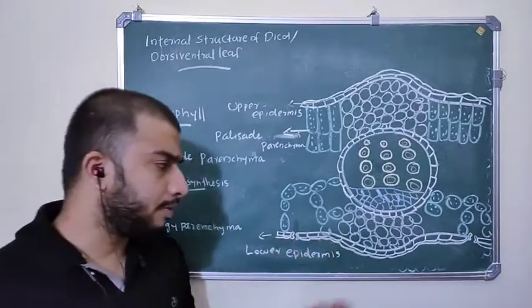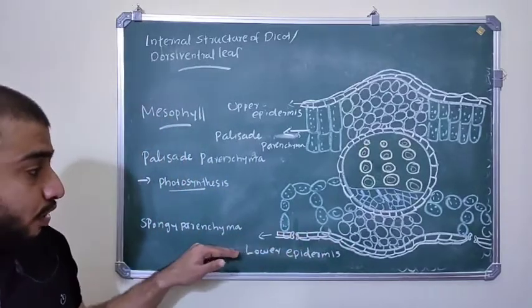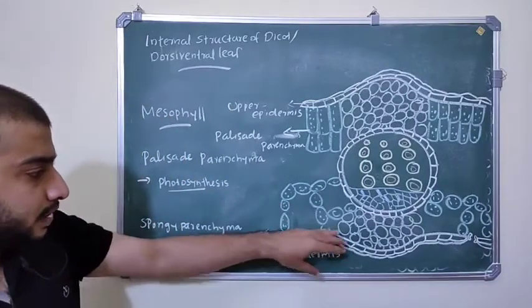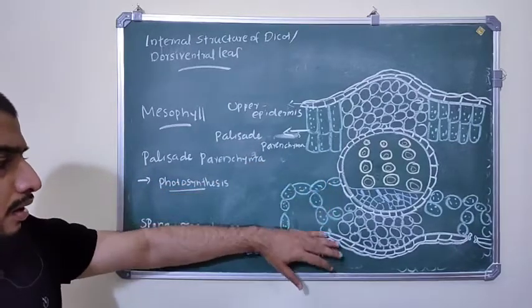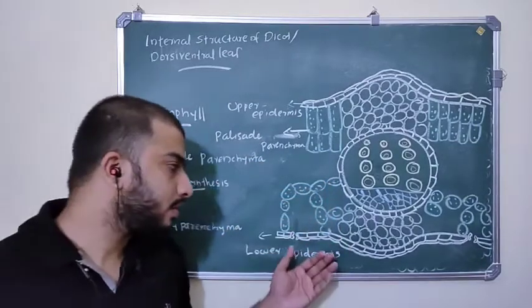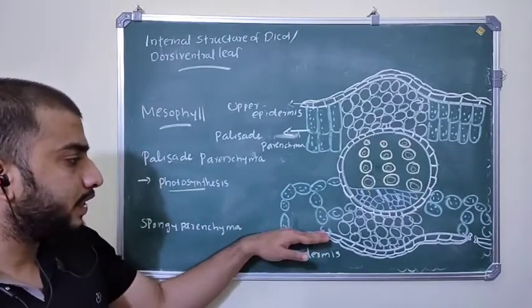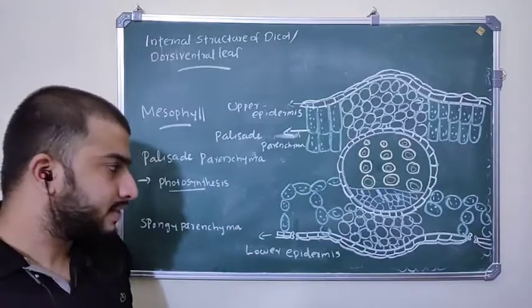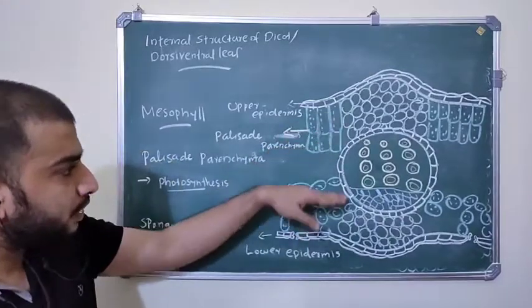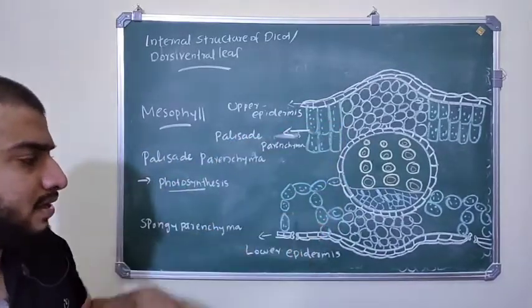Then what about the spongy parenchyma cells? They are present below the palisade parenchyma cells, toward the lower epidermis.